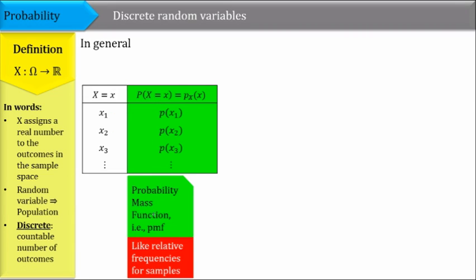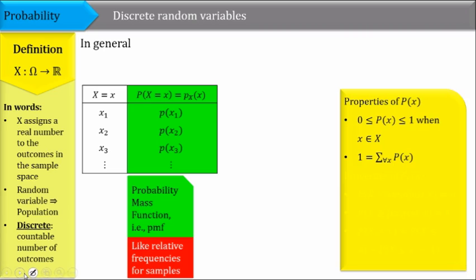Right, this will be our PMF, and it's like the relative frequencies for samples. Properties that I've mentioned before for probabilities remain the same for random variable probabilities. It stays between 0 and 1, and when you add everything up for all possible values of x, that's what this symbol means, for all x, then the total will be equal to 1. And we did expect these results over here, right, these two properties, because it's exactly the same as those for the sample space where these probabilities come from.